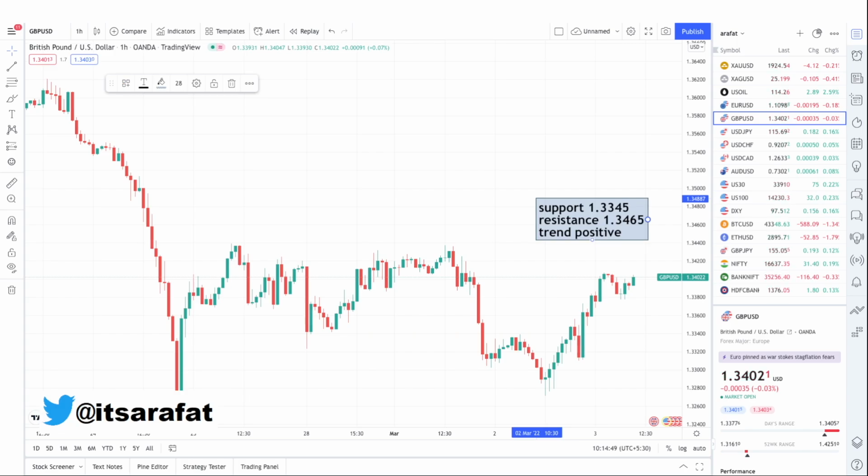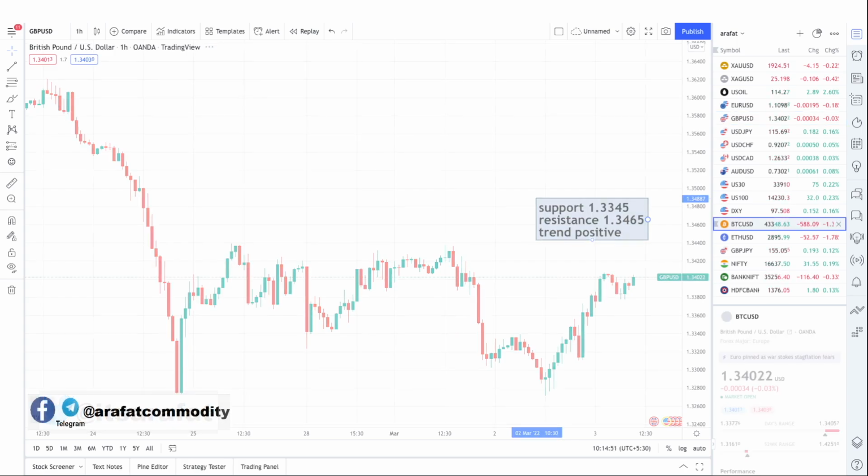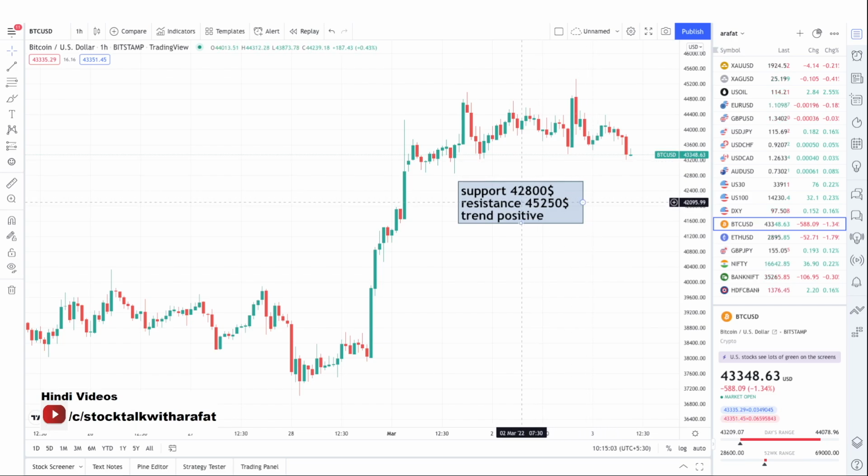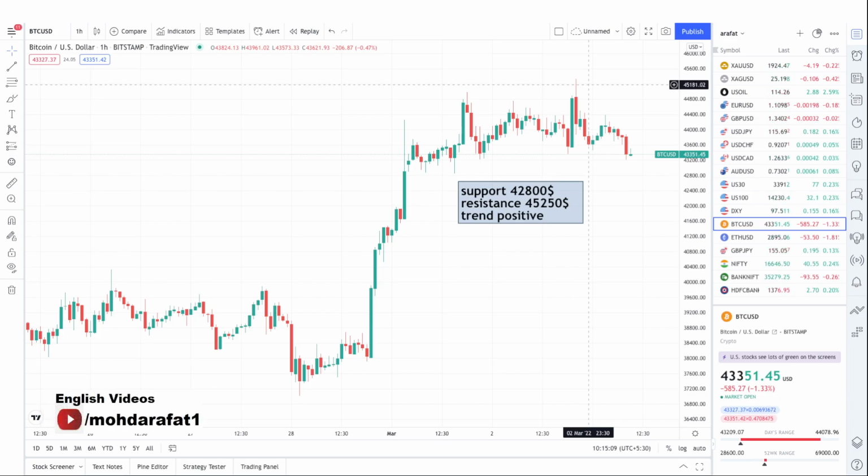Let's move on to cryptocurrencies. This is Bitcoin, and these are the levels from yesterday's video. This support is still valid. The resistance is still valid. I had given you resistance of $45,250. It made a high around 330, but could not sustain the 250 and crashed back.